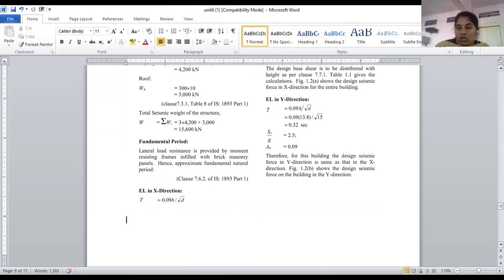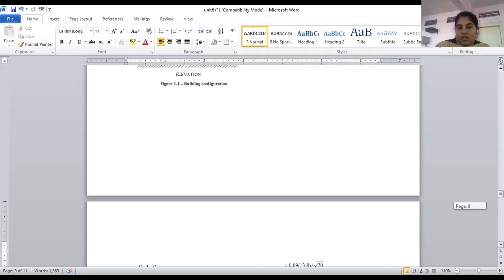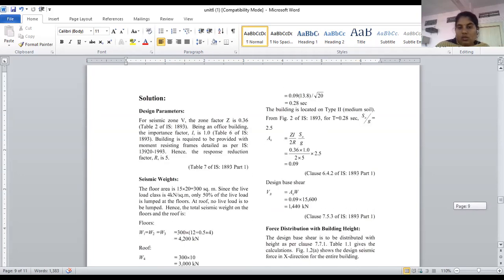So write down this, T is equal to 0.09 into H. H is the total height of the building, that already we have calculated, that is equal to 13.8 meter. 0.09 into 13.8 divided by root D. D is the base dimension, that is 20.